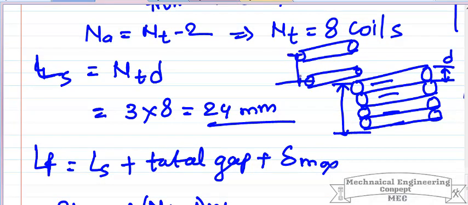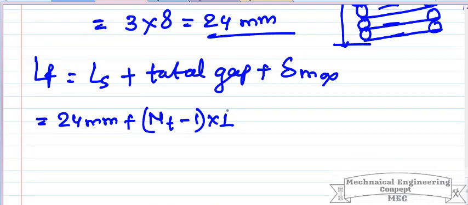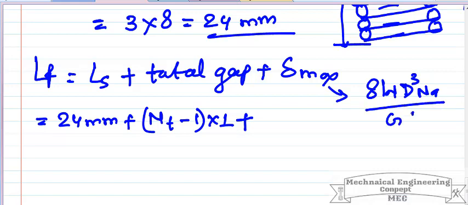Gap between these two coils is 1 mm. From here to here, this distance is 1 mm given to us in this problem. Delta maximum can be calculated by 8W D to power 3 Na divided by G d to power 4.